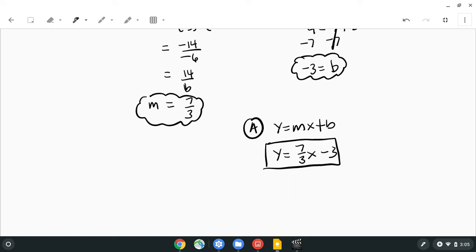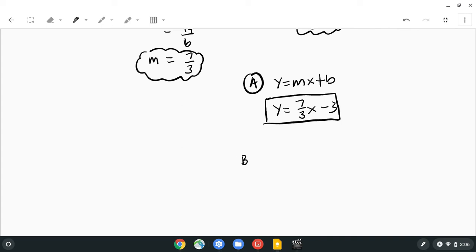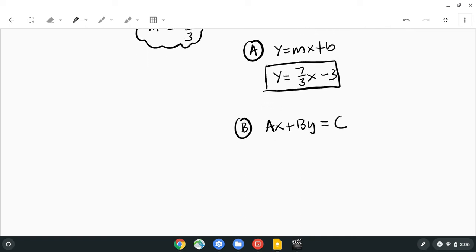Okay, and now we need to do part B, which is standard form. In standard form, the x and the y term are on the same side, and they are not fractions. So let's go ahead and get it to look like this. I'm going to take my slope-intercept equation and transform it so it looks like standard form. We don't have any fractions, so I'm going to clear my fractions.